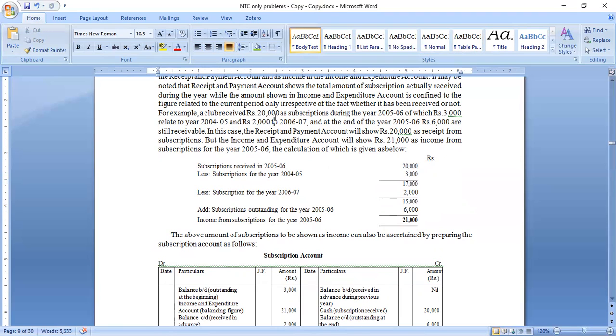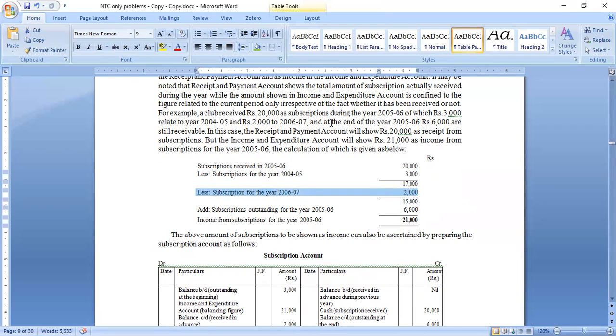Out of 20,000, 3,000 belongs to the previous year, so we have to deduct it. And 2,000 belongs to the future year, so we have to deduct that 2,000 as well. At the end of the year 2005-6, 6,000 is still receivable, in the sense it is not received yet, though it belongs to 2005-6.